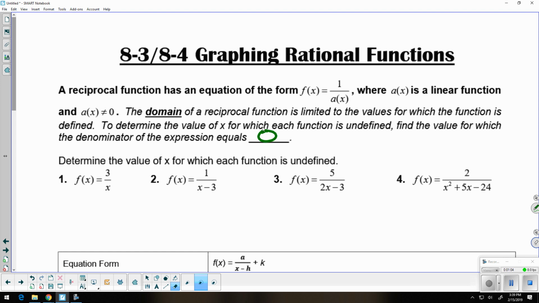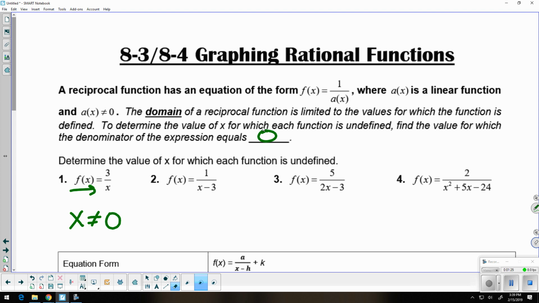For these first 4 examples, it says determine the value of x for which each function is undefined. What you're basically asking yourself is what makes the denominator 0? What's the one value that makes this undefined? Well, that would be 0 in this case. X cannot be 0. If x were 0, that would make my whole denominator 0, and that's bad.